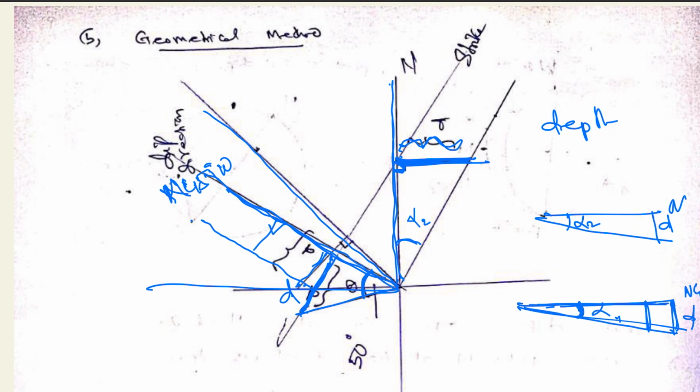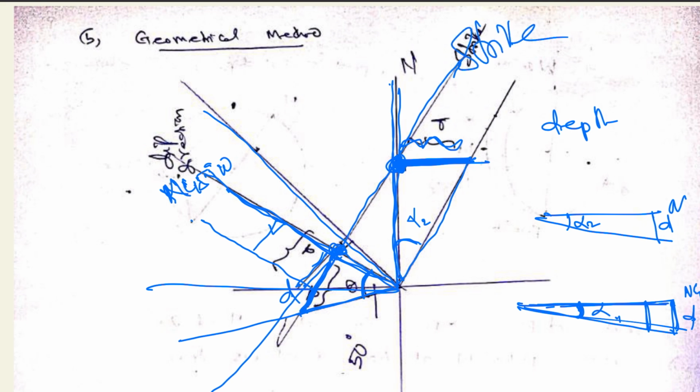So this is the triangle for one apparent dip, this is the triangle for another apparent dip, this is d and this is d. So base of this d is here. So these base points are joined by another line, which will be the strike.